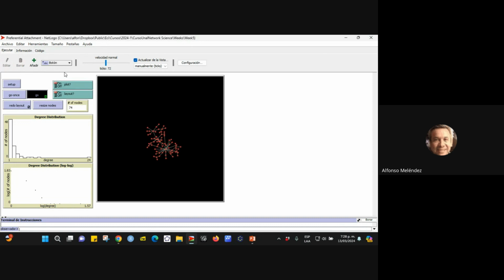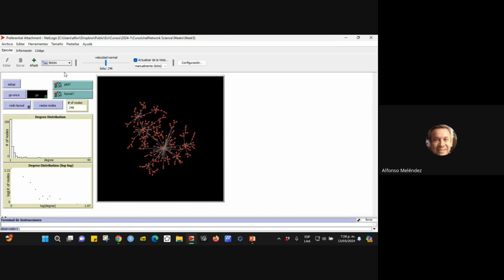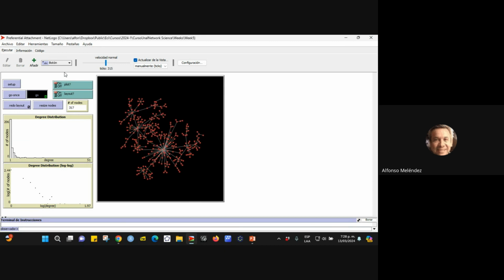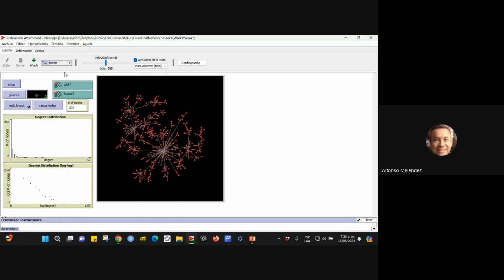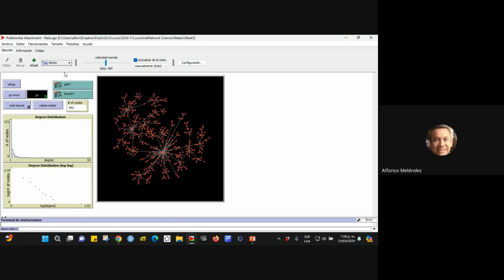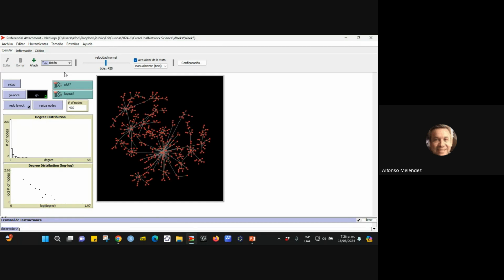So he and Reka Albert, in the article, talk about how these networks could be generated. And that's important because later it was found that some fractals and some natural processes are always generated like this.